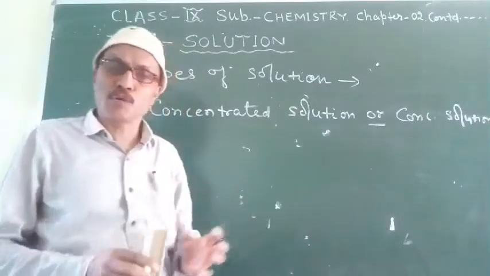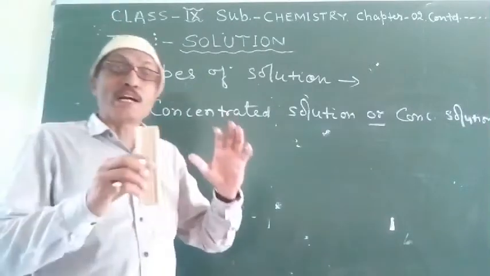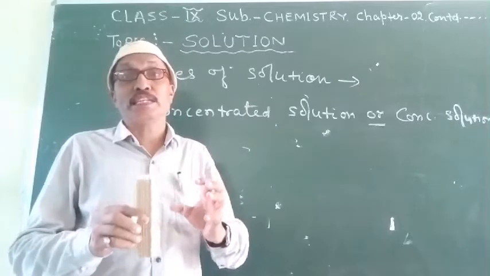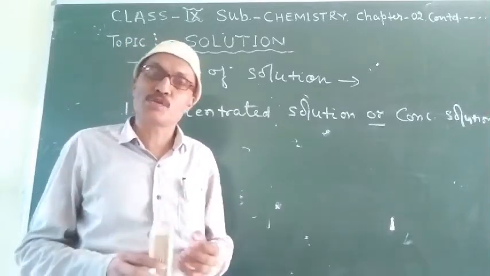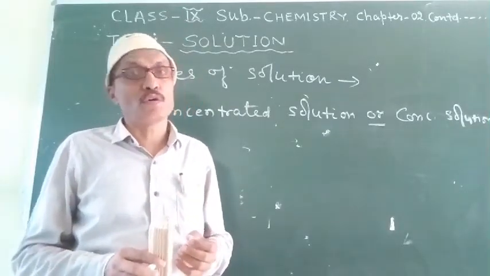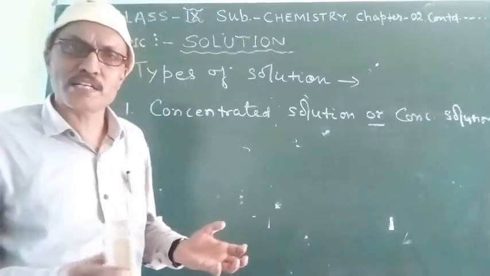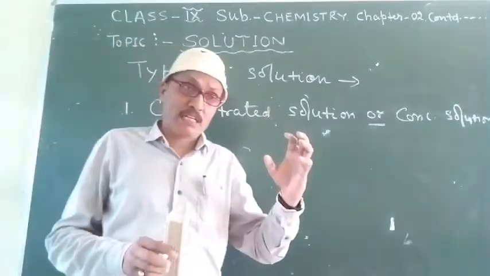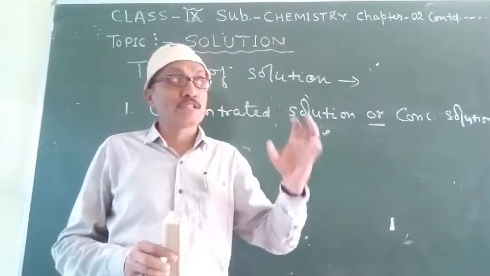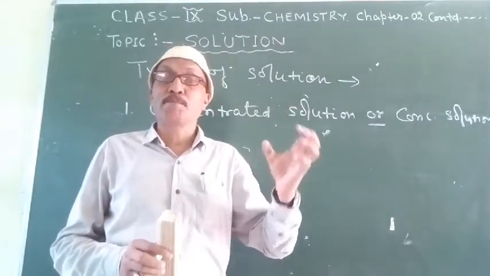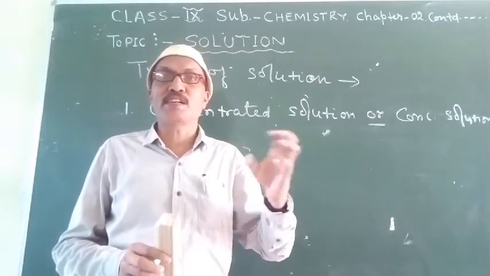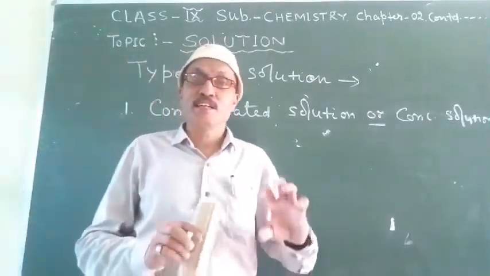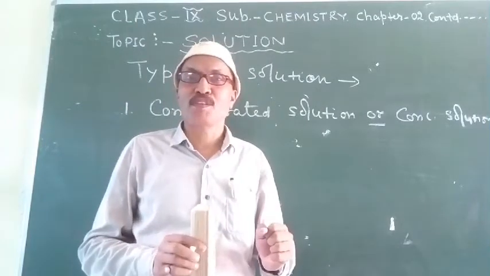So if in a solution water is less and solute is more, then the solution is said to be a concentrated solution. For example, in the laboratory you must have seen that on some acid bottles it is written concentrated acid, and on some bottles it is written dilute acid solution.